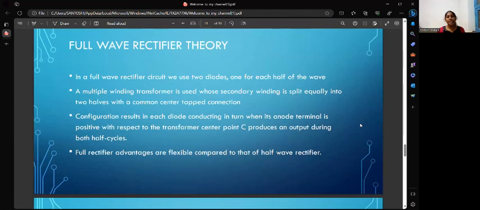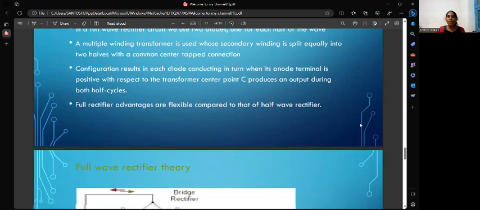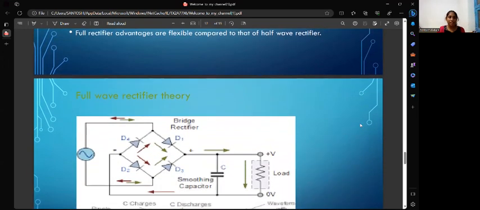This configuration results in each diode conducting in turn when its anode terminal is positive with respect to the transformer center point C, processing the output during both half cycles. The advantages of full wave rectifiers: they are more flexible compared to half wave rectifiers.